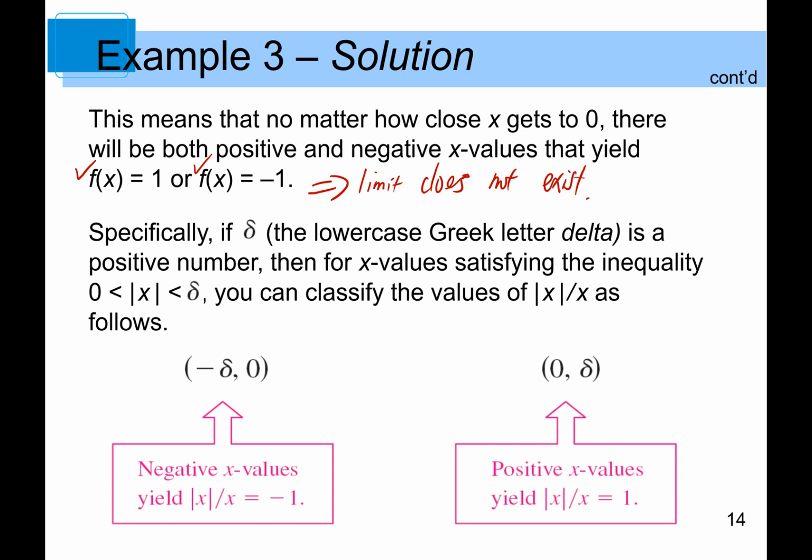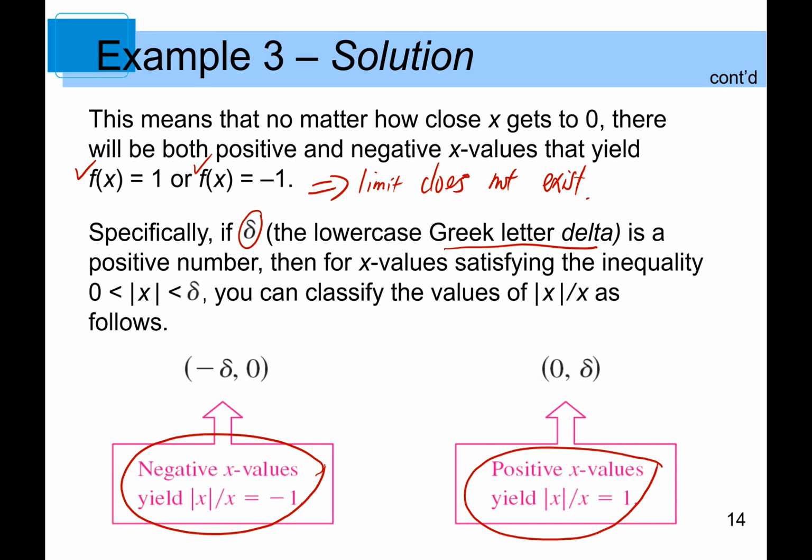Specifically, this is what they call delta. It's the Greek letter delta. Delta is a positive number. Then for x values satisfying the inequality, absolute value of x greater than 0 and less than delta, you can classify the value of absolute value of x over x as follows. Negative delta to 0: negative x values yield -1, and positive x values yield +1.